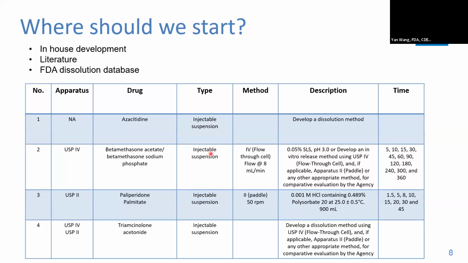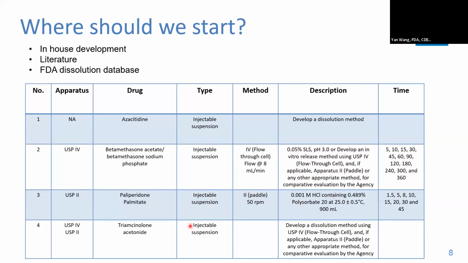But for some products, as I'm showing here in rows 2 and 3, we give quite detailed information on a particular method or setup or even sampling time points. But those are by no means something you have to follow exactly. This again is more like a guidance, a reference.